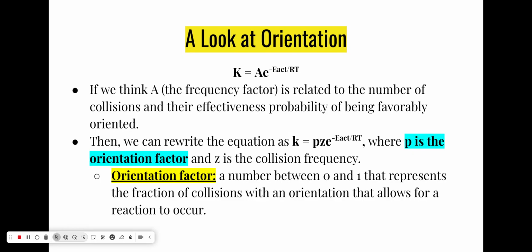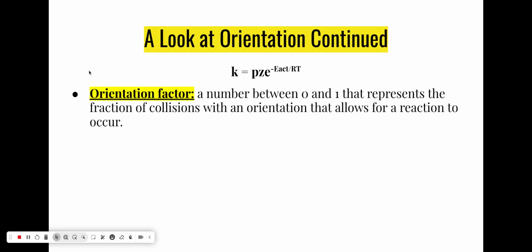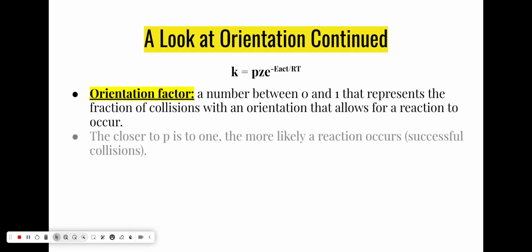How do we look at this? It's through the orientation factor. Okay, so more things about the orientation factor. As I said, it's a number between 0 and 1 that represents the fraction of collisions with an orientation that allows for a chemical reaction to occur. Okay, the closer P is to 1, the more likely it is to occur.